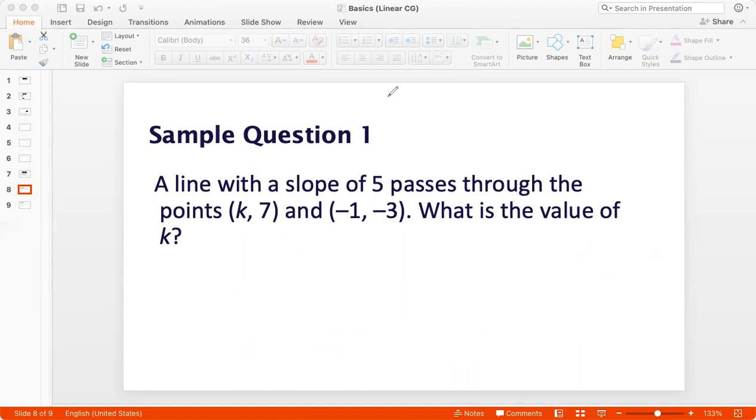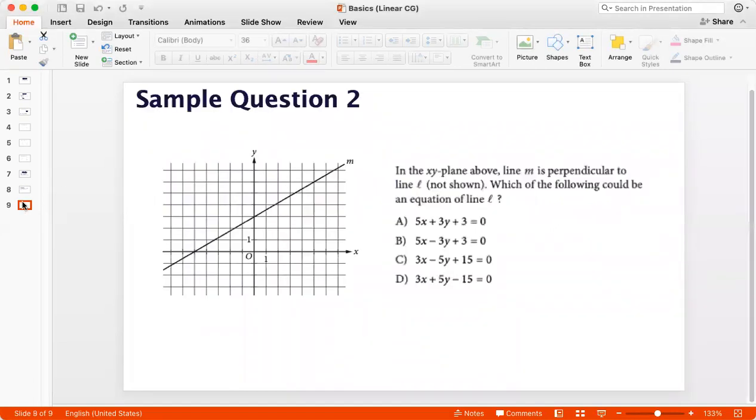Okay, let's look at another question. In the xy plane above, line M is perpendicular to line L, not shown. Right? So line L is not shown, but we know that it's perpendicular to this. Which of the following could be an equation of line L? So we first find the slope of this line. So we pick up 2 points.